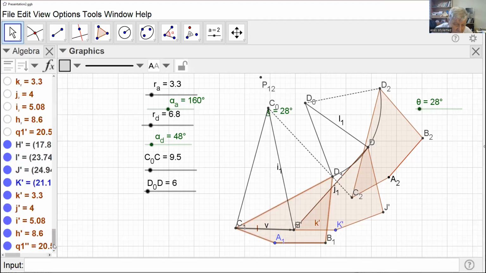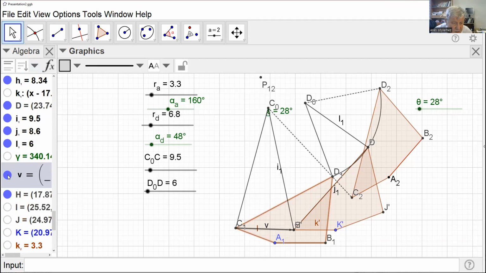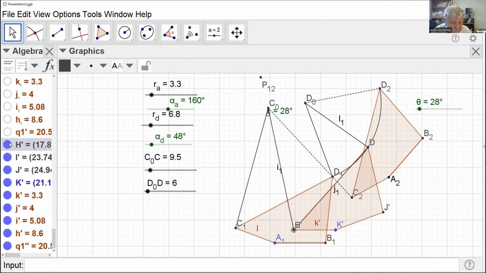Okay. In those cases, what you do is you hide it like this. Okay. You have to rename these, but okay.